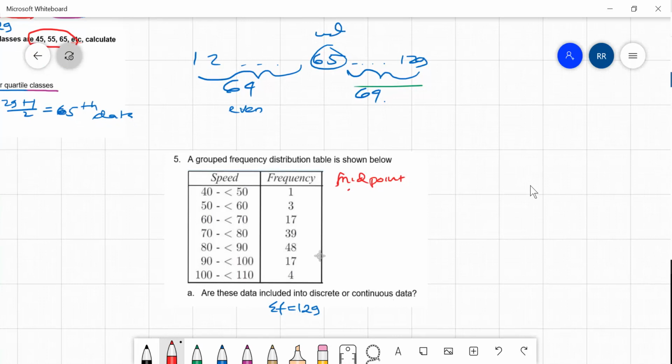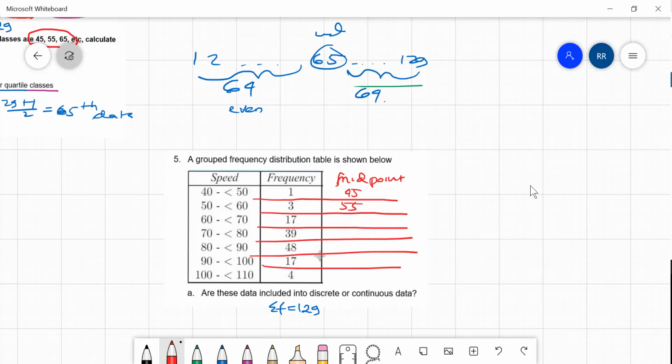I'm going to make it like a line here. So 55, 65, 75, 85, and then 95, and then 105, right? So the fx that you are calculating, like number 2, this is this one here. The x is this one.